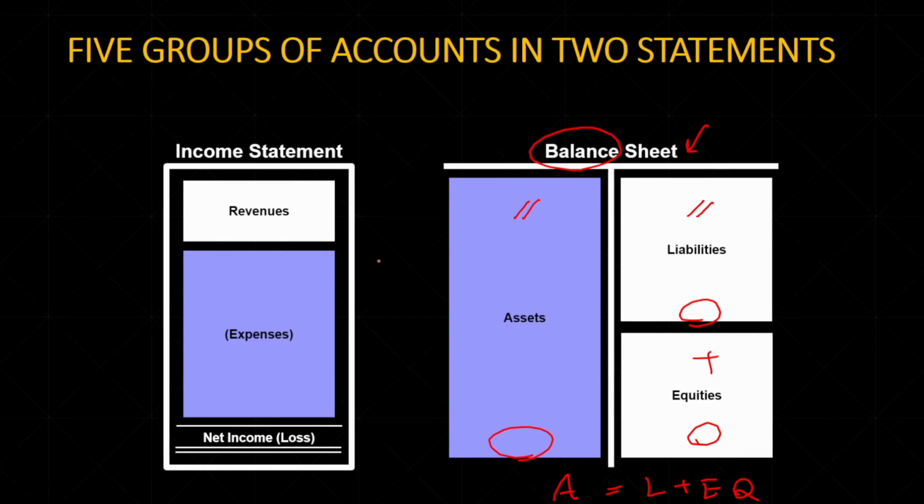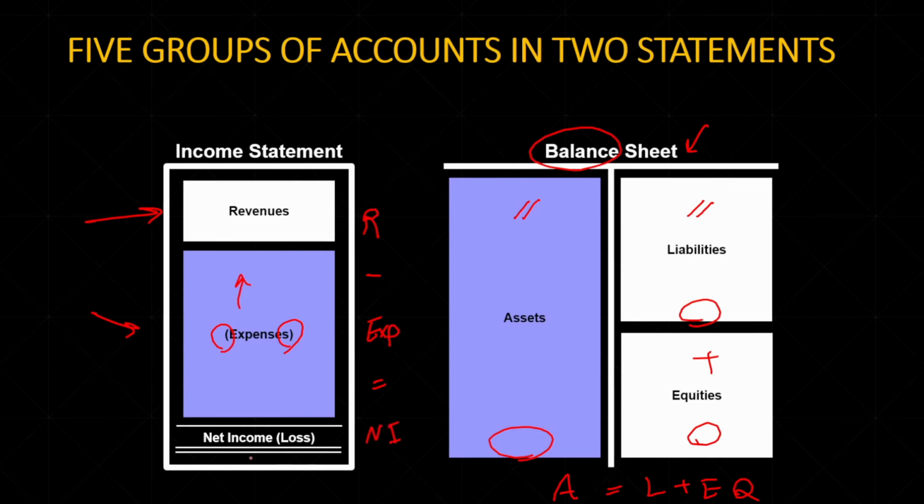Revenues go first and then expenses will be deducted. Remember, in accounting, when we put a pair of parentheses around a number, it means we are deducting that number from the number above it. So basically, this is like revenue minus expenses equals net income.